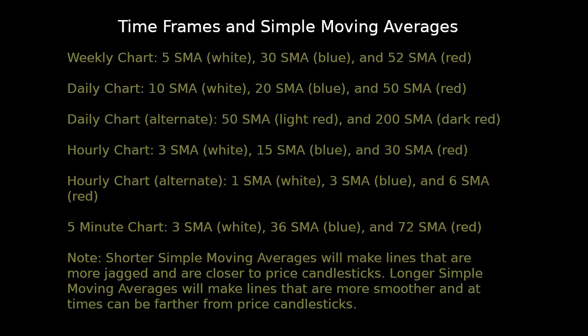For example, for the hourly chart, you could also use a 1 simple moving average colored white, a 3 simple moving average colored blue because there are 3 hours in half a trading day, and a 6 simple moving average colored red because there are 6 hours in a trading day.